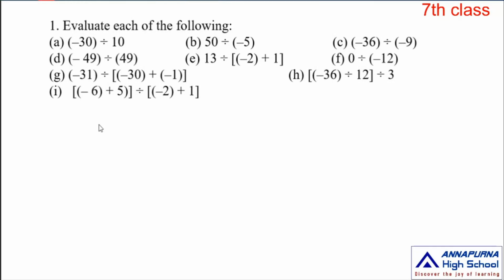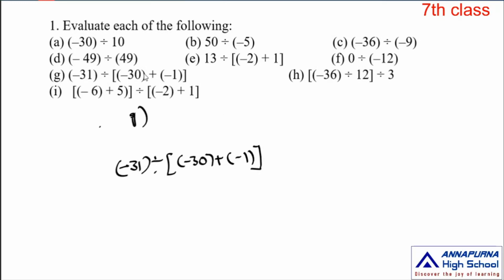G is minus 31 divided by (minus 30 plus minus 1).